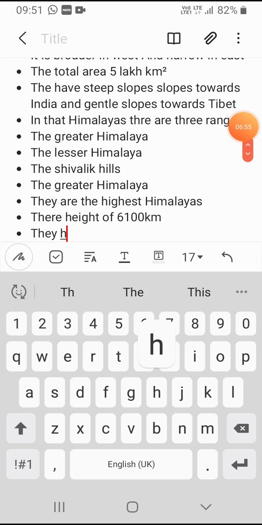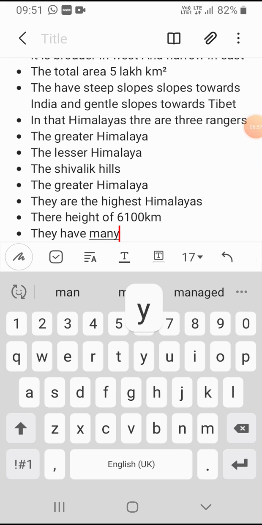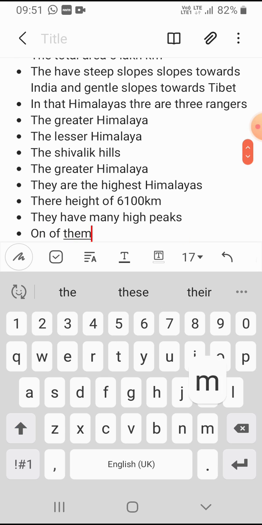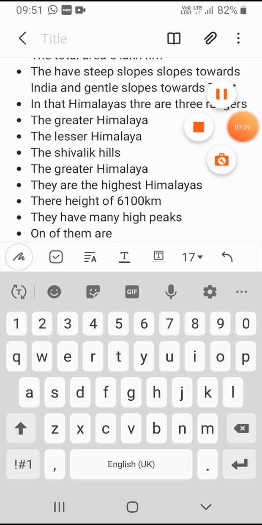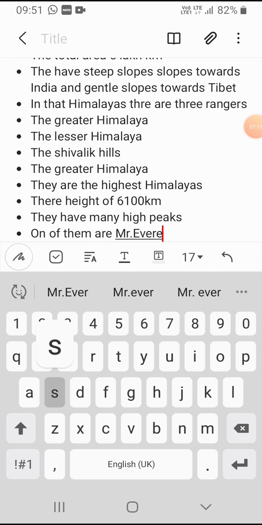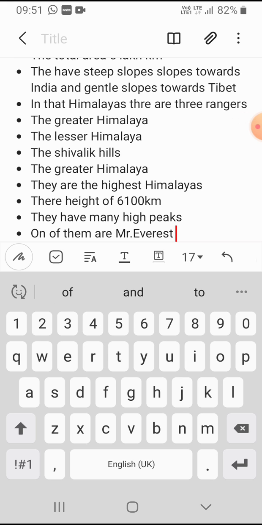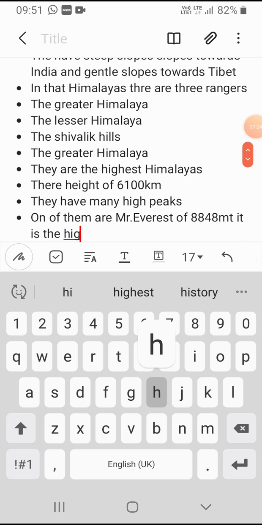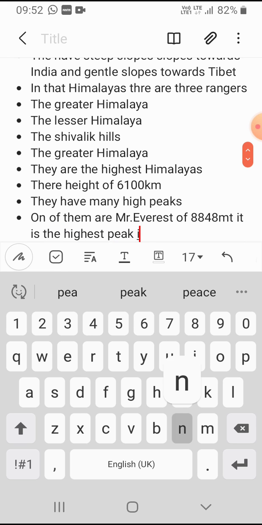They have many high peaks, as you know. One of them is Mount Everest, of 8,848 meters, the highest peak in the world.